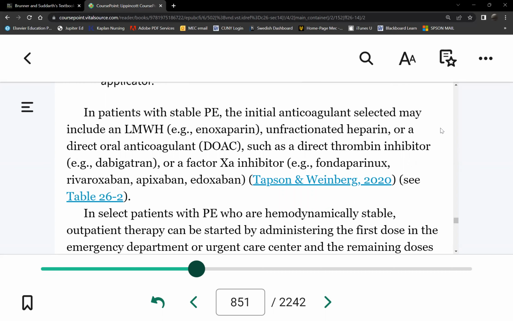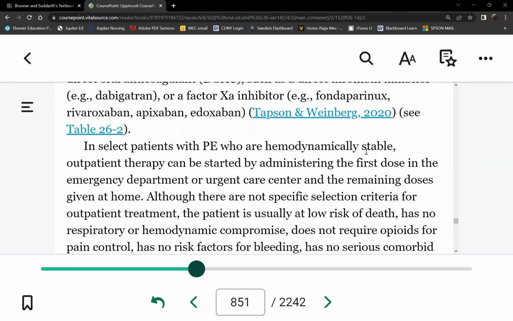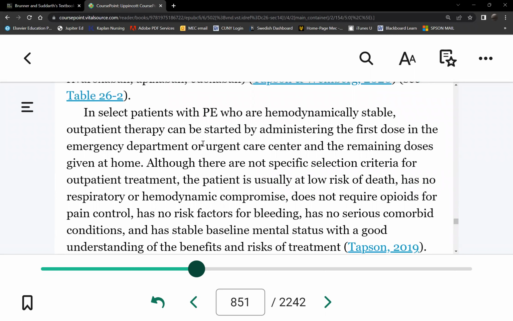So therefore we use heparin, because does heparin have a fast onset? Yes, the moment it infuses in the vein, anticoagulation begins right away. We already said this repeatedly. So if patients are hemodynamically stable, it's always just anticoagulants.